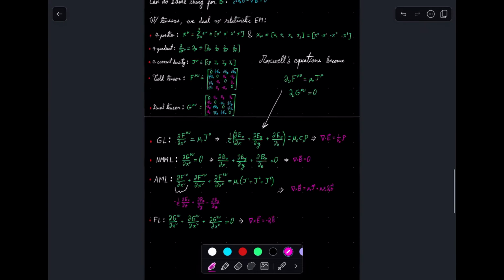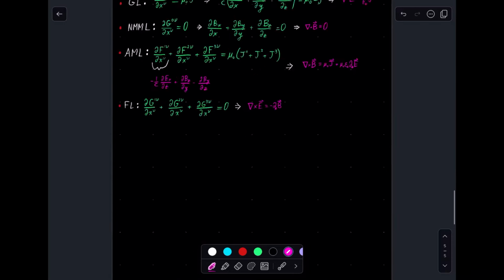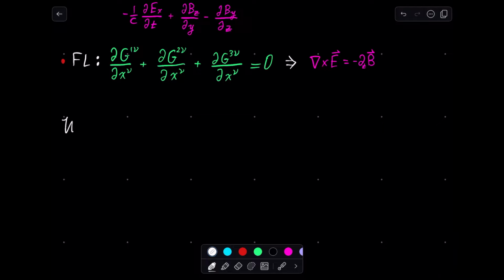Then, using this tensor formulation, how would we go about representing the wave equation? Well, the wave equation just becomes partial alpha partial alpha F mu nu equal to 0.